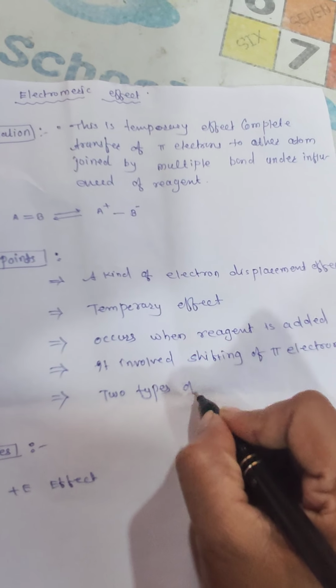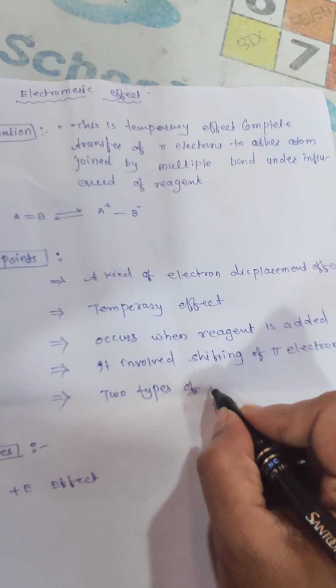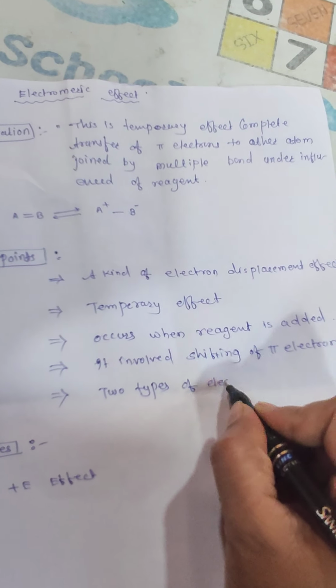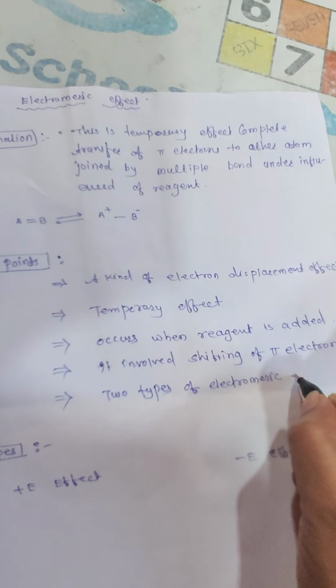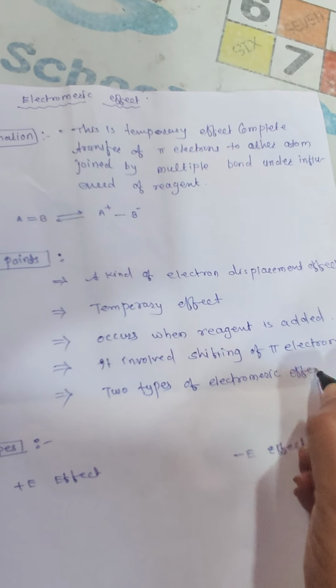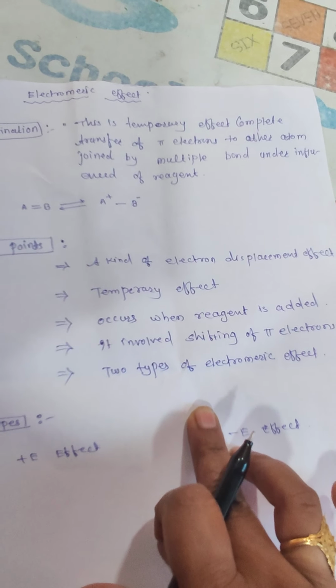Two types of electromeric effect are present. These are the key points of the electromeric effect.